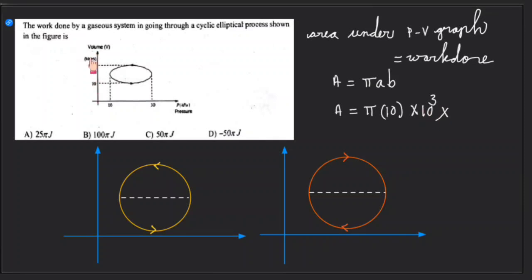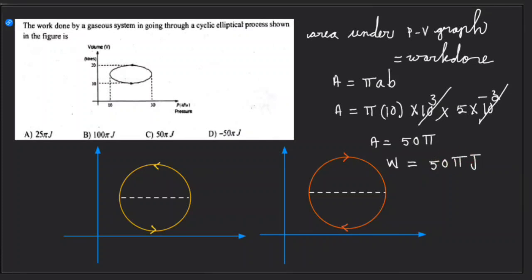And the semi minor: the difference between these two, 20 minus 10, is 10, but we have to take the semi minor, so 5. It is in litres, so 5 into 10 power minus 3. So this 10 power 3 and 10 power minus 3 will be cancelled. Therefore the area is equal to 50 pi. The area under this PV graph will be equal to work done, that can be written as 50 pi joules.